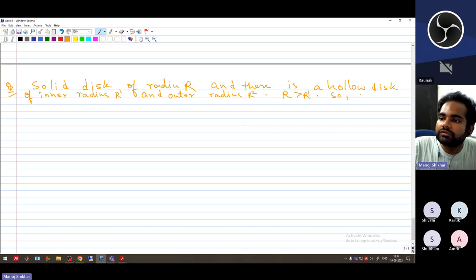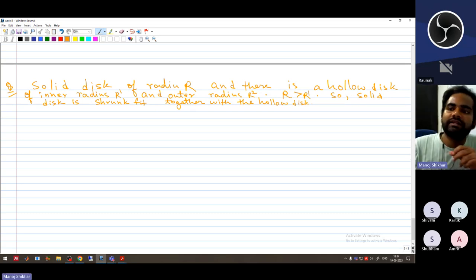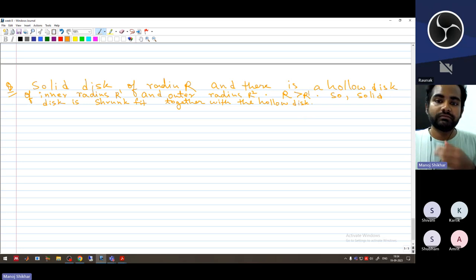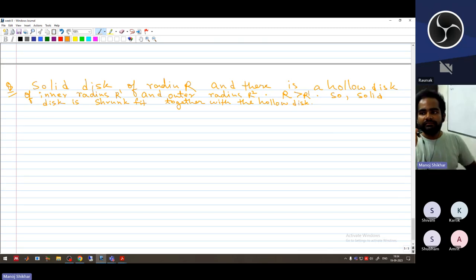So solid disk is shrunk fit together with the hollow disk. Now you can see one thing, that the radius of the solid disk is larger than the inner radius of the hollow disk.